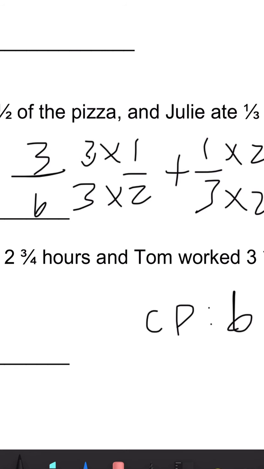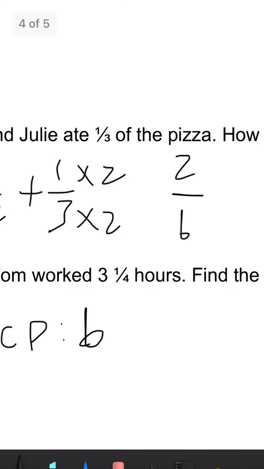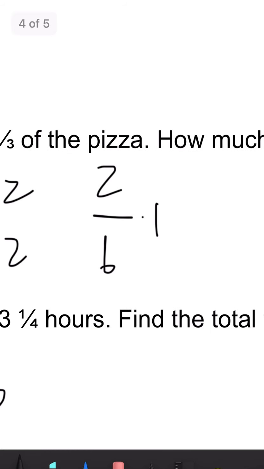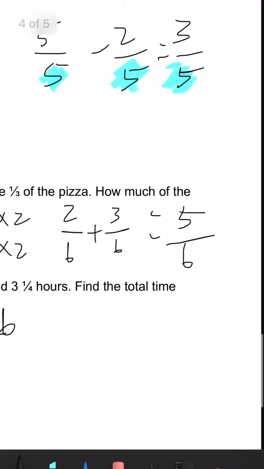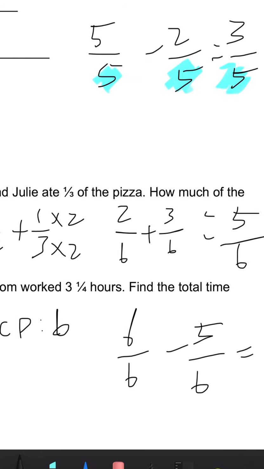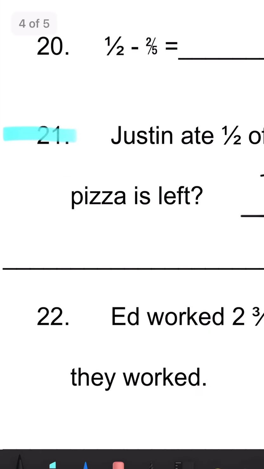So we get 3/6 and 2/6. So we're going to add those together, and we get 5/6. It's asking how much we have left over. So we're going to subtract that from one whole. And we get 1/6. So we put 1/6 left.